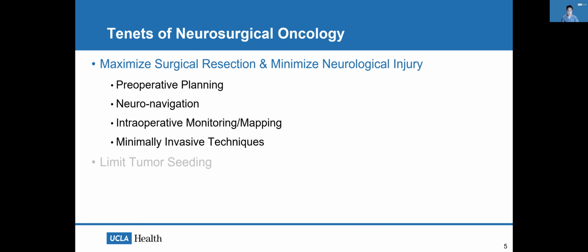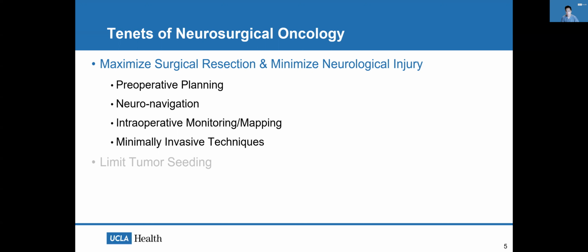The best way that a neurosurgeon can do this is a lot of preoperative planning. I won't go into the indications for surgery or what brings us to surgery. But once a decision is made that surgery should be done and must be done, preoperative planning, deciding how the patient should be positioned, the best approach in order to get to the tumor, and all that preparation is the first and foremost part of an operation.